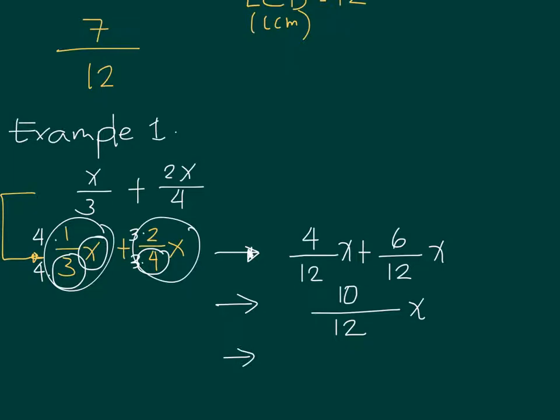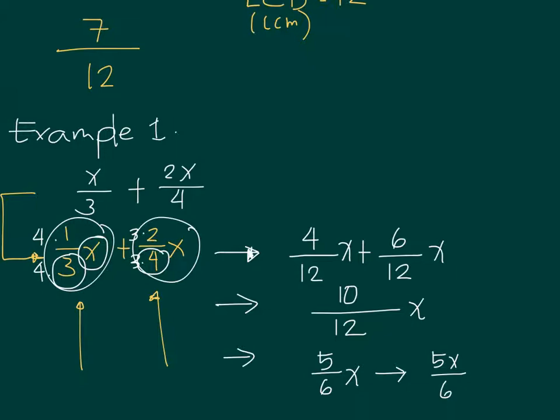So 10 over 12 is 5 over 6 x, which is also the same as 5x over 6. So you see, adding algebraic expressions is like working with simple fractions. Even if you have x there, you try to look at them as simple fractions and then just add them naturally.